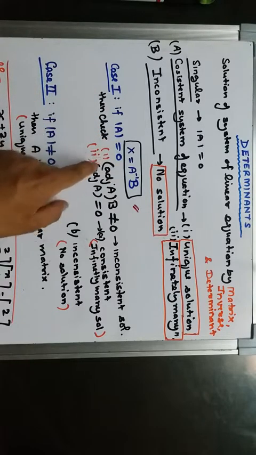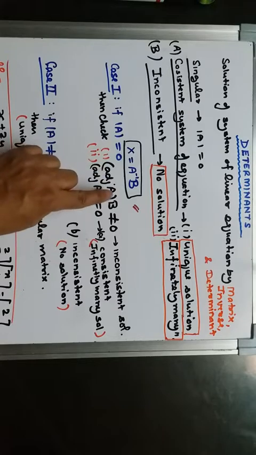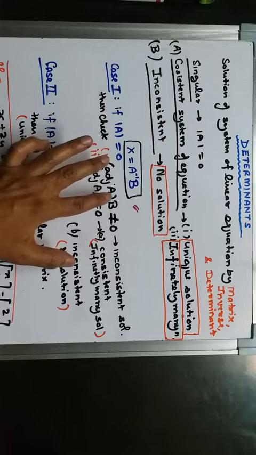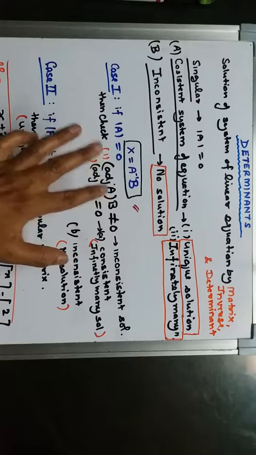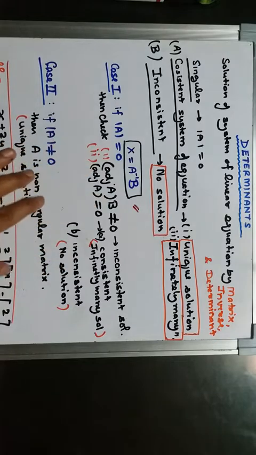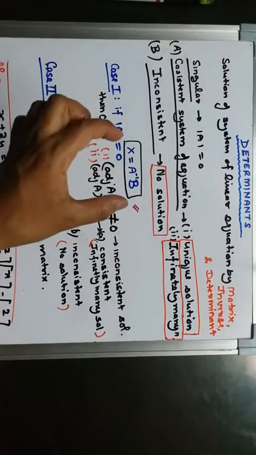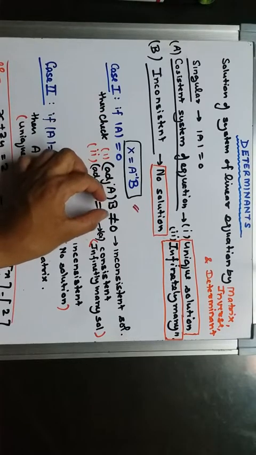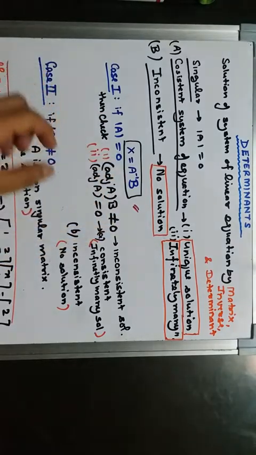Take out the adjoint of A, which we have discussed: the transpose of the cofactors. The adjoint of A is found by the transpose of the cofactors of the determinant, multiplied by B. B is what we will see in the question.